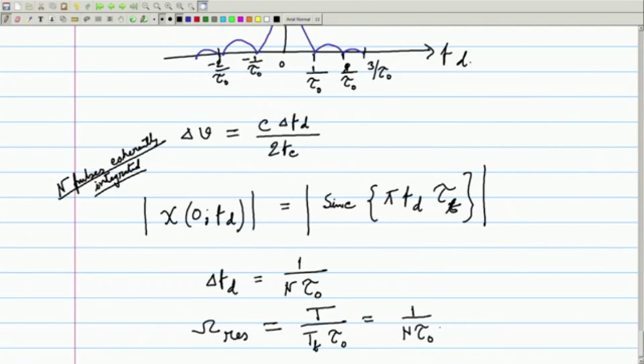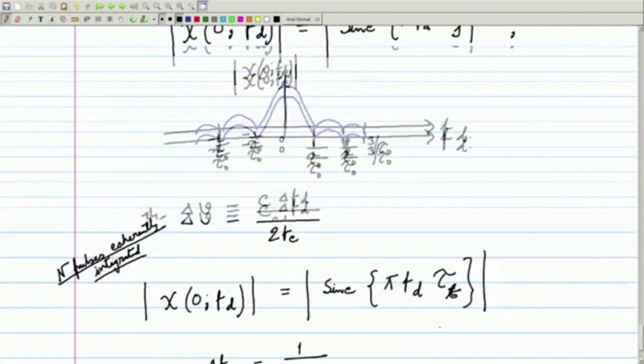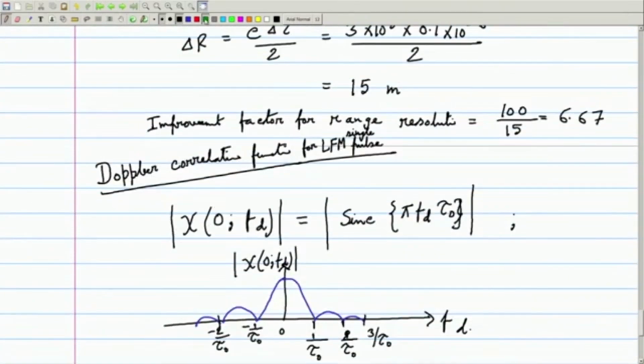Suppose you are integrating 18 pulses, the Doppler resolution will improve by a factor of 18. So, the Doppler correlation function will have this narrowing.